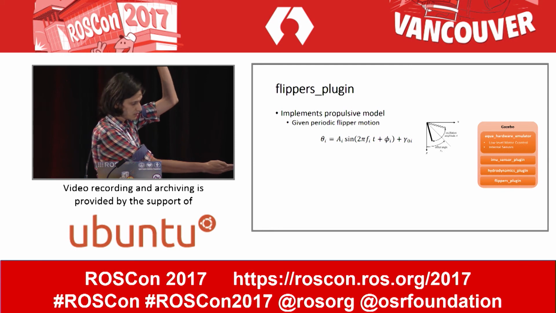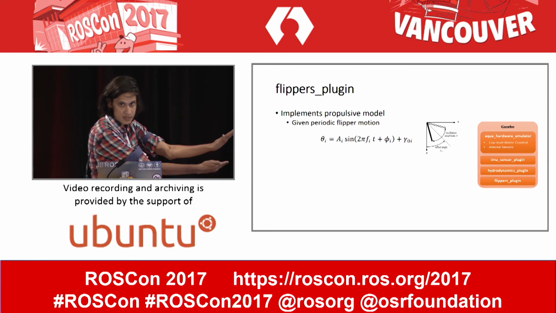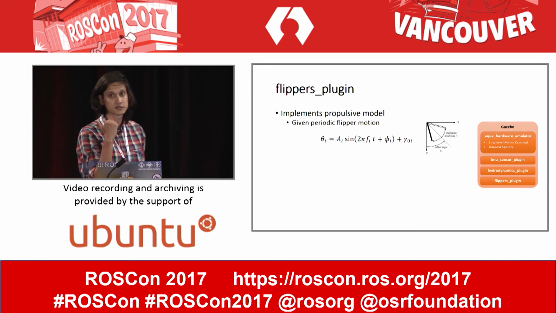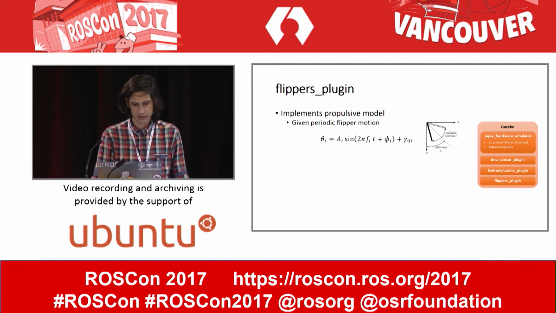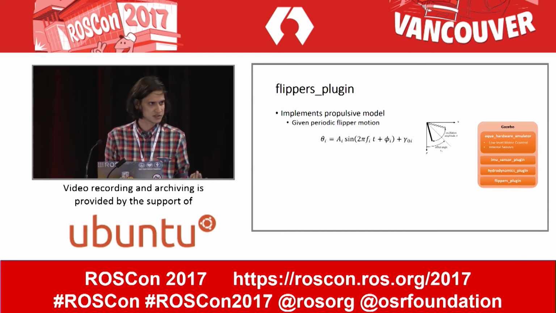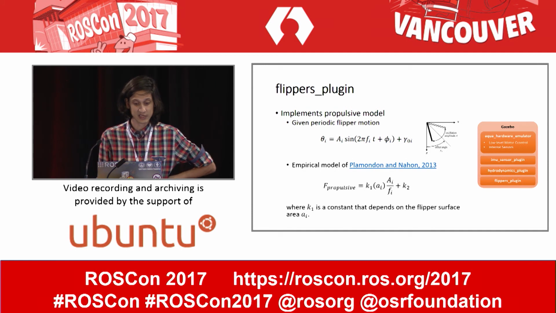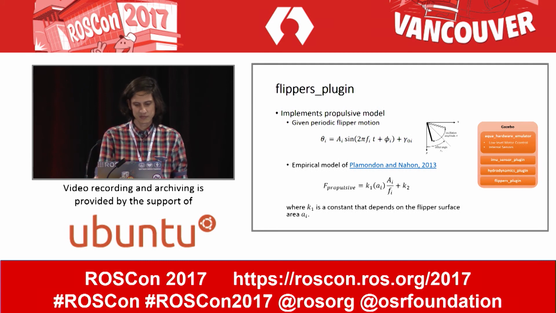And when the flipper hits one of the vortices that it has shed before, that produces some propulsive force in the forward direction. Since we are not simulating the fluid, and simulating the fluid would take a long time, we use a very simple empirical model that produces a propulsive force proportional to the amplitude of the periodic motion and inversely proportional to the frequency.